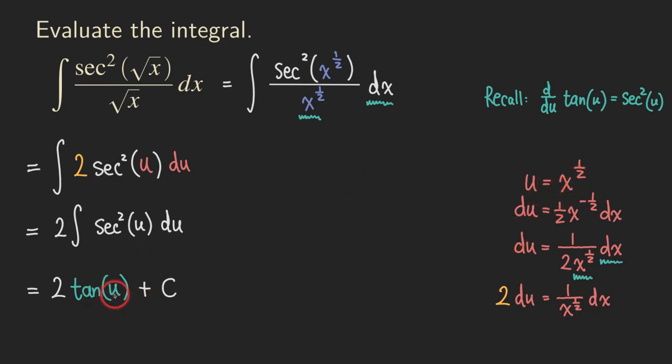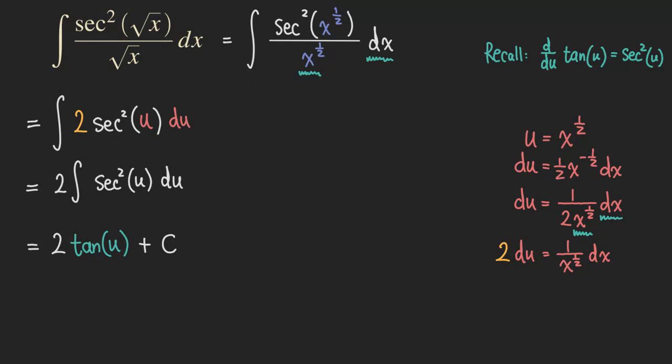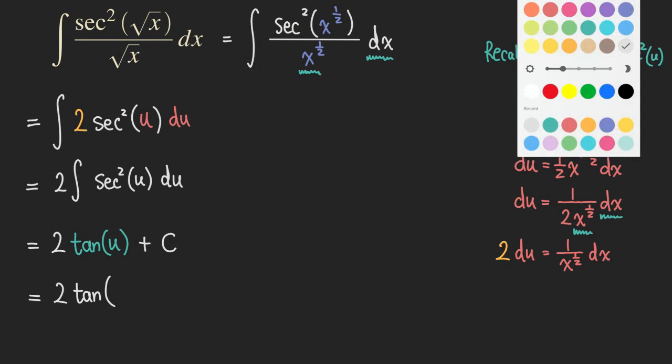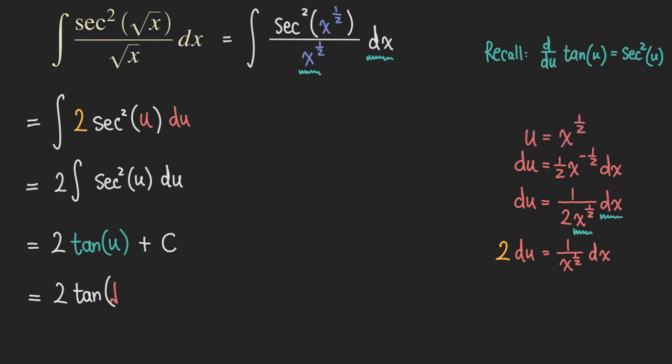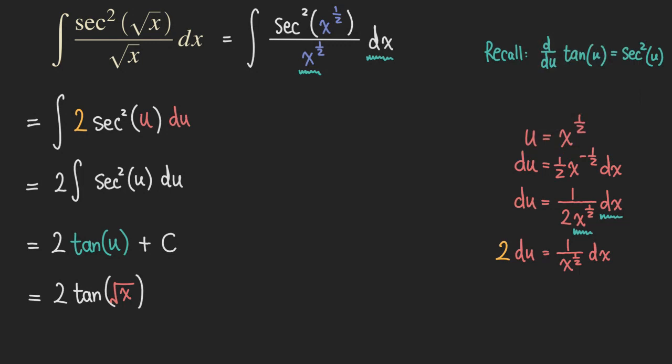So we plug it back in here, and then we have our final answer. So we have our final answer as 2 times the tangent of what? x to the 1/2, and it turns out that x to the 1/2 is actually the square root of x, right? So let's just put it back in. And then plus c. That's our final answer.